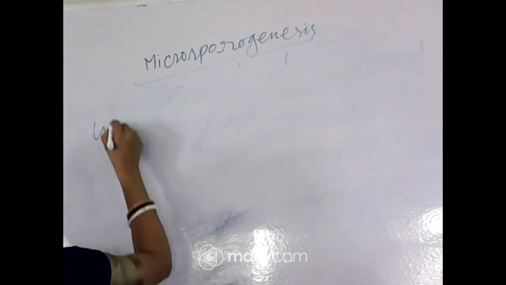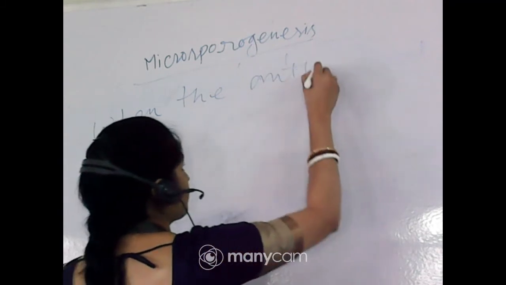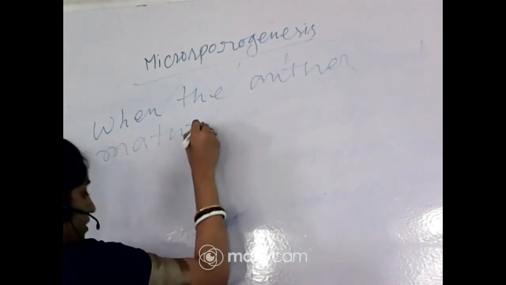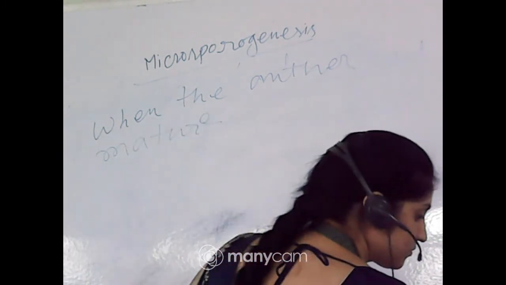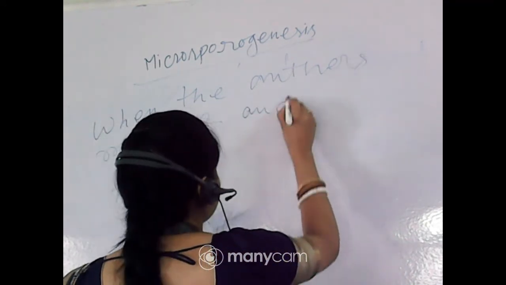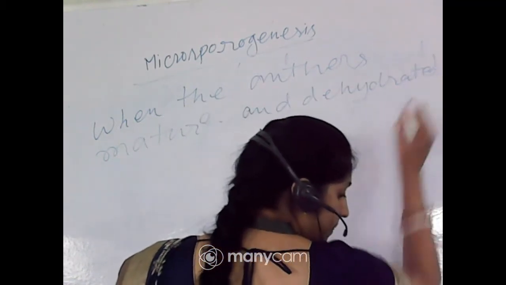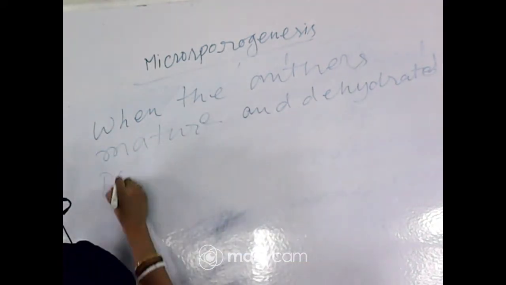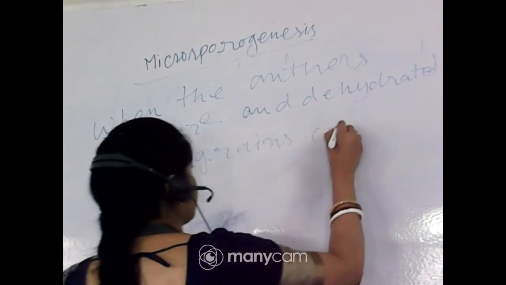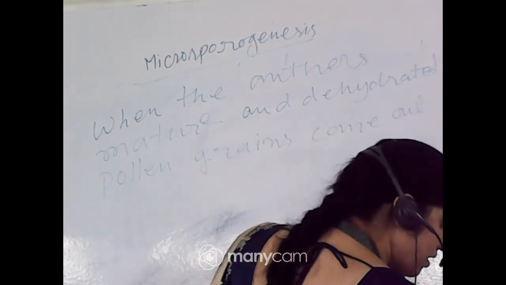When the anthers mature and dehydrate, pollen grains come out with the dehiscence of the anther.